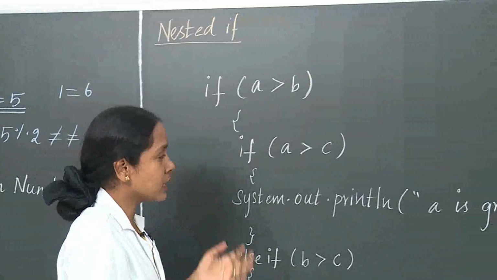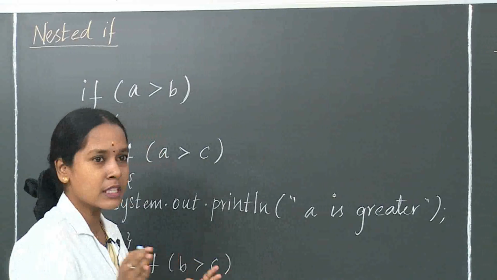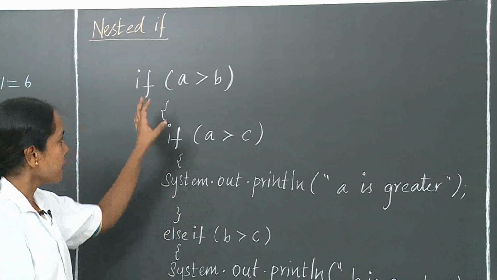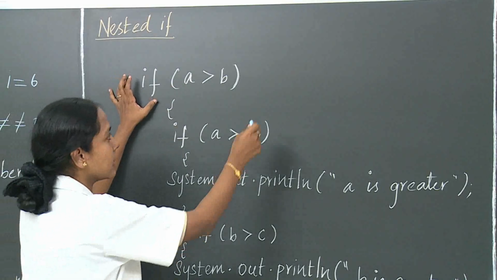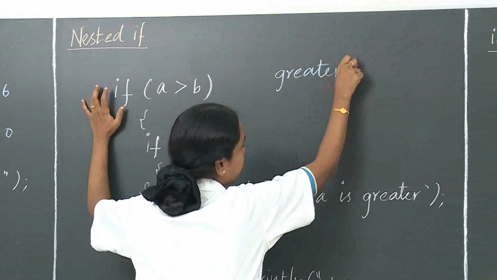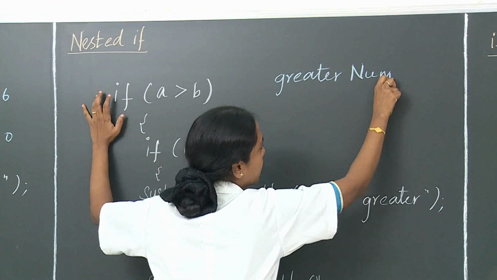Now we are going to consider a nested if. Nested if is multiple ifs within a single if statement. Just take finding the greater number as an example.